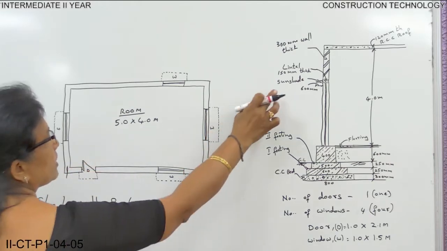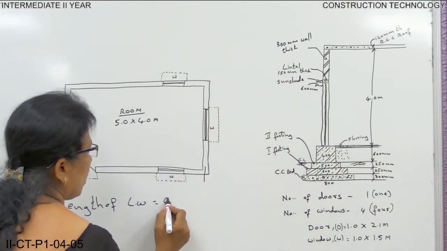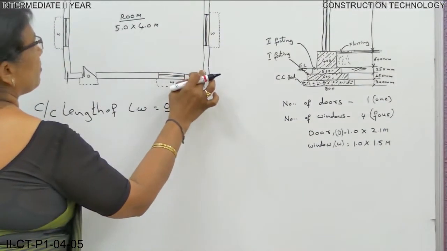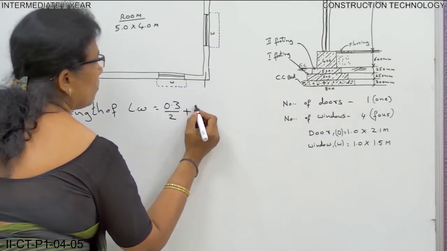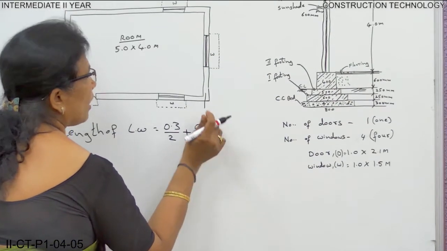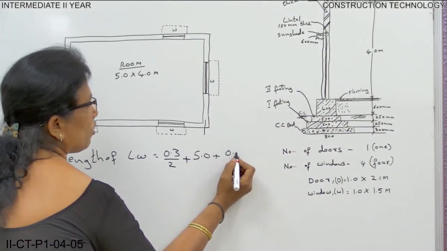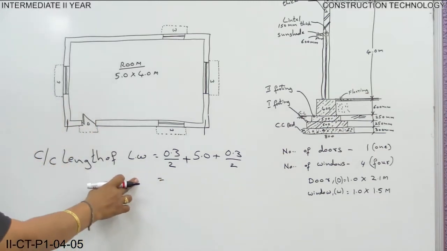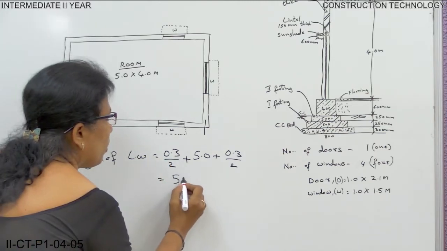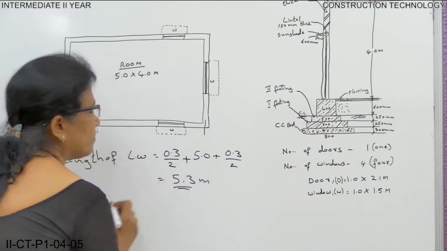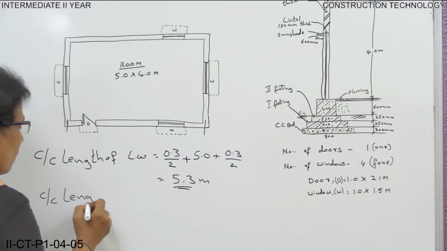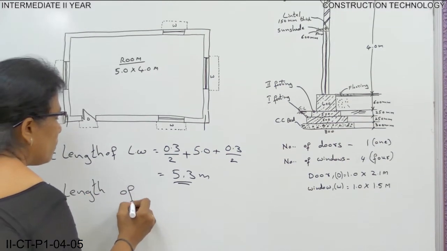So half the width of the wall thickness is, for a 300 mm wall, half the thickness is 0.3 by 2, plus from here to here the wall length is 5.0, and half of this, that is 0.3 by 2. So the total center to center length of the long wall is 5.3 meters.